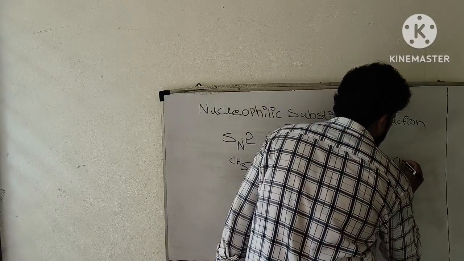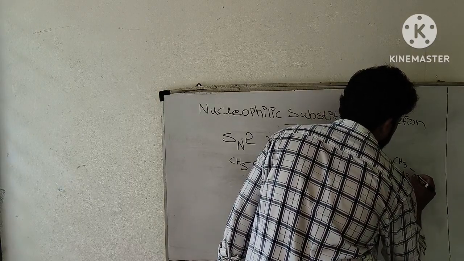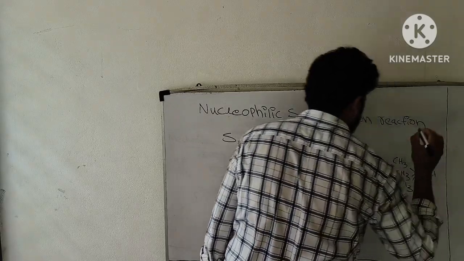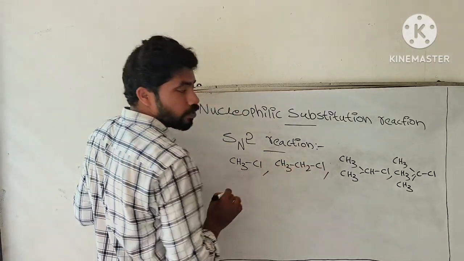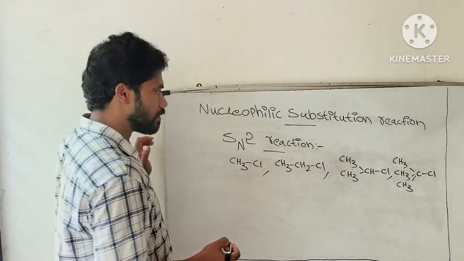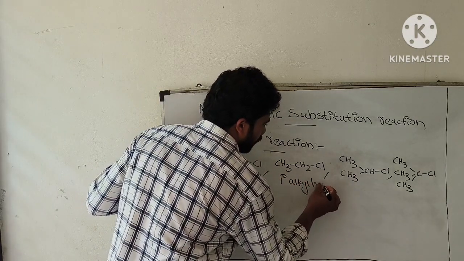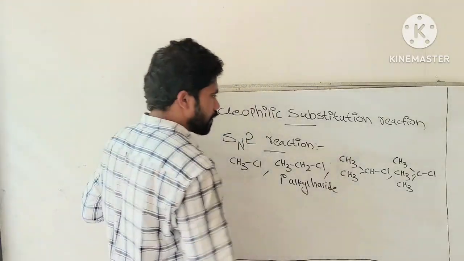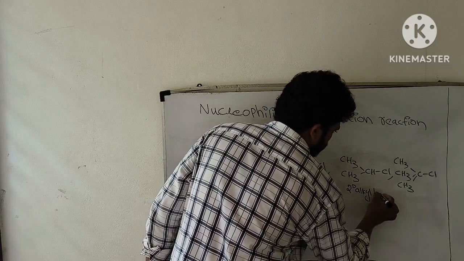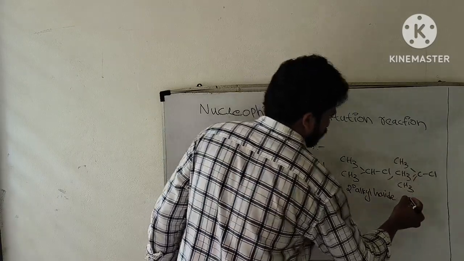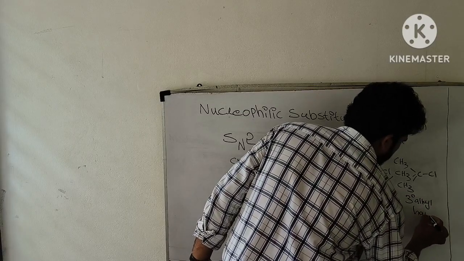At last, we have (CH3)3CCl. This is chloromethane or methyl chloride, and this is chloroethane or ethyl chloride. This is the primary alkyl halide, this is secondary alkyl halide, and this is tertiary alkyl halide.